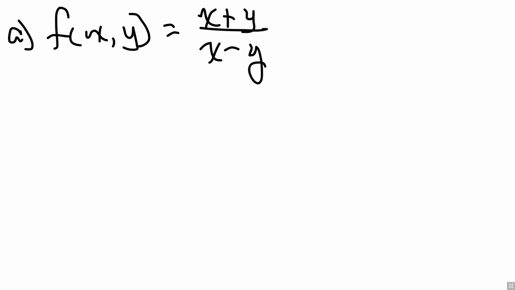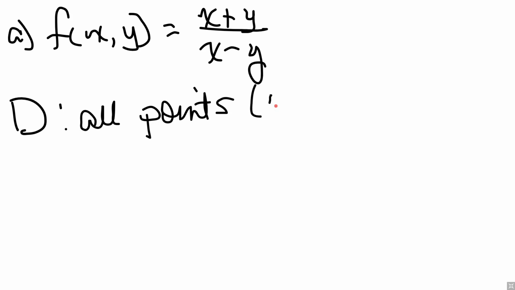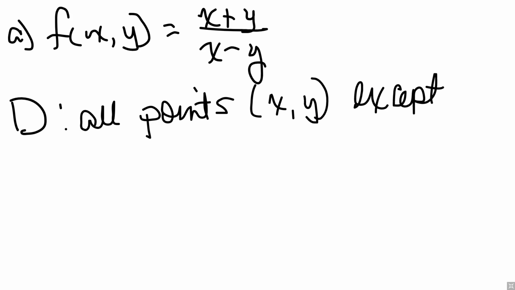If we want to do the domain of this function, just keep in mind that this is a rational function, so it's the denominator that we need to make sure is never zero. For this, we could say that the domain would be all points x, y, except, so what would be our exception?